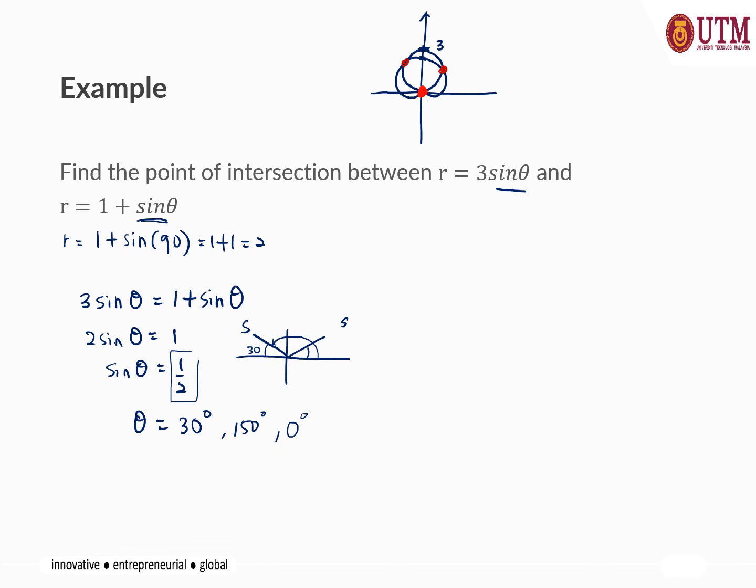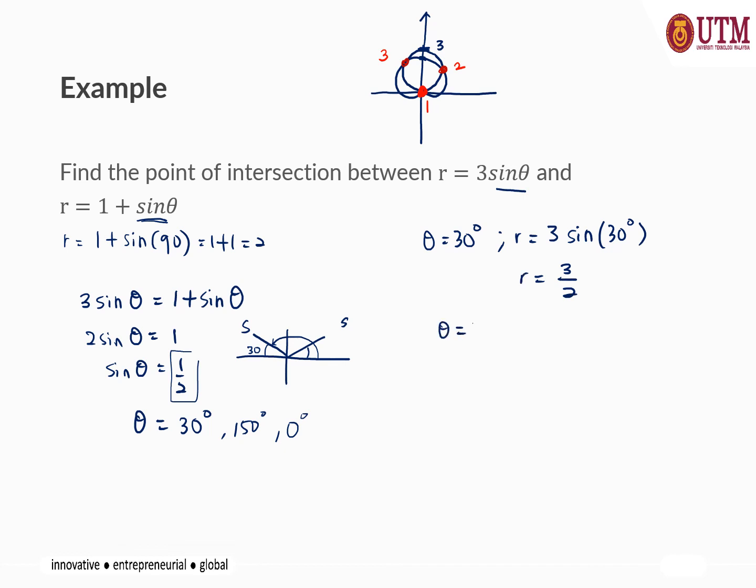Okay, so now we have completed all the theta. The first one is at 0, the second one is at 30 degrees, and the third one is at 150 degrees. So now is finding the value of r. For theta equals 30 degrees, your r would be 3 sine 30 degrees, which is 3 over 2.